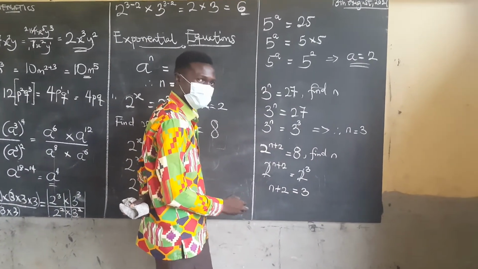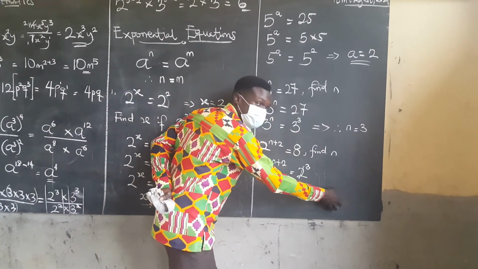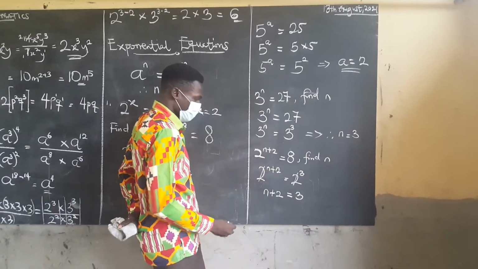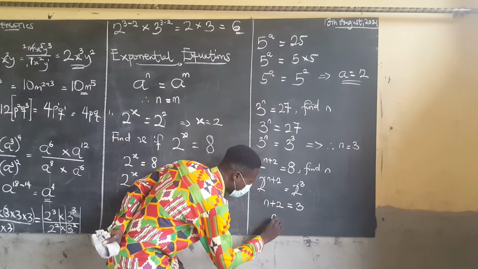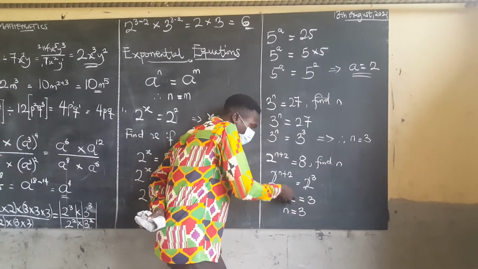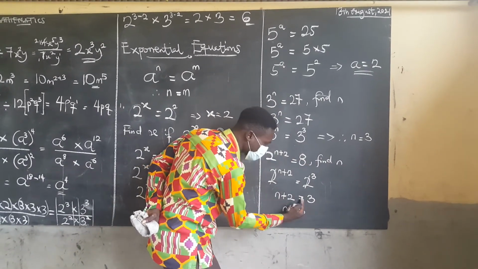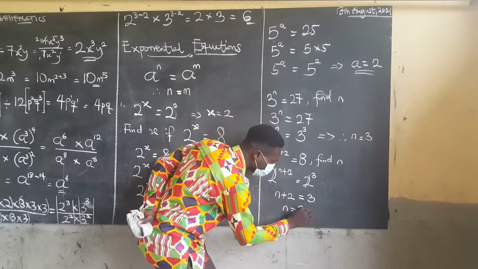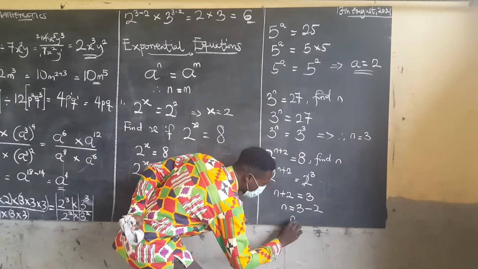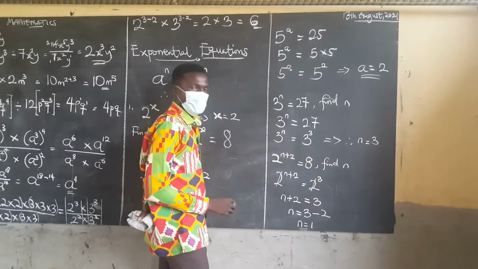What I'll do is that I'll lift the 2 from this side to the other side. And we were taught equations. So I'm going to say n is equal to 3. Then the plus 2 will cross the equal to sign to this side. When the plus crosses the equal to sign, it will change to negative 2. Then I will say n is equal to 1 as my final answer.